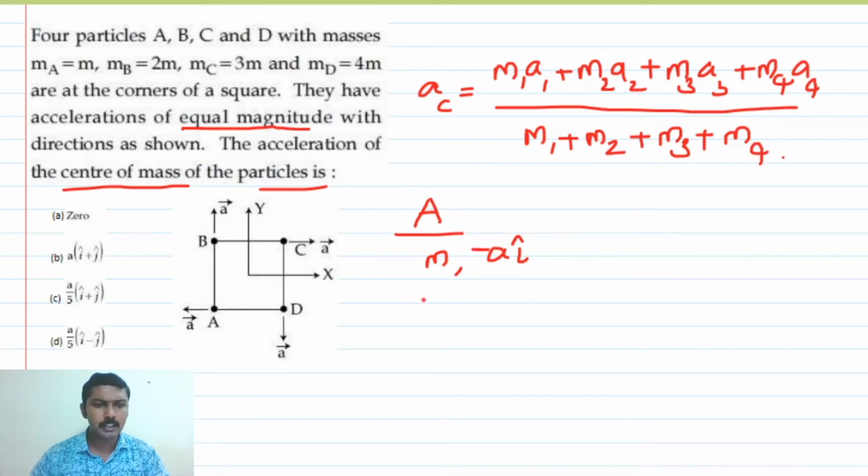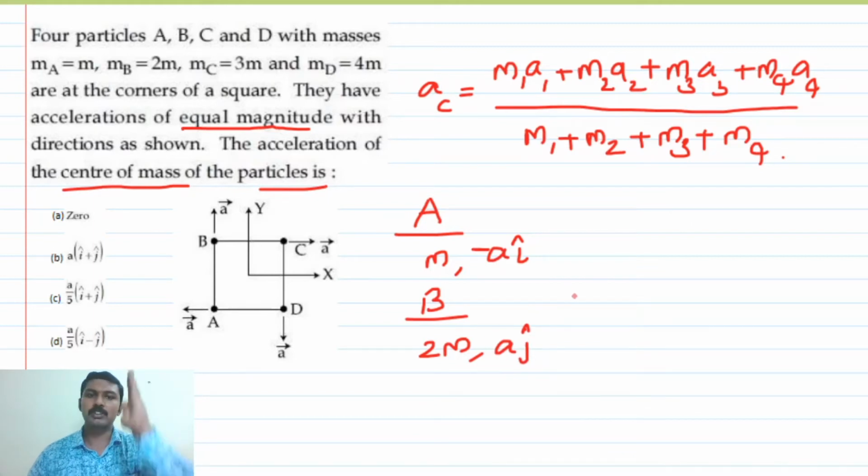Similarly, at point B, we have mass 2m with its acceleration shown along the y-axis, so its acceleration is plus a j cap. Why plus a j? Because it's moving towards the positive y-axis.